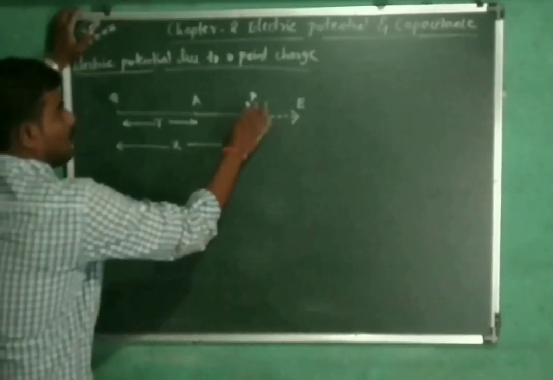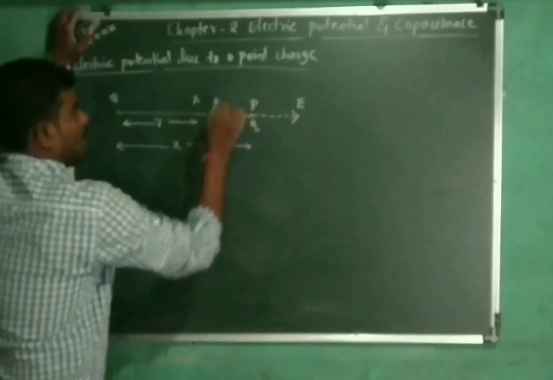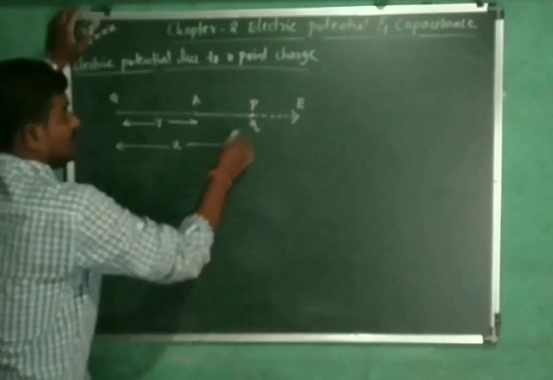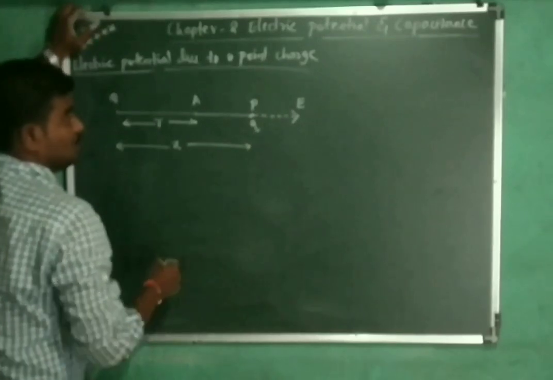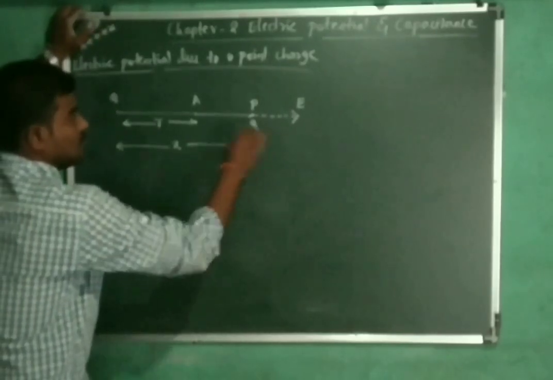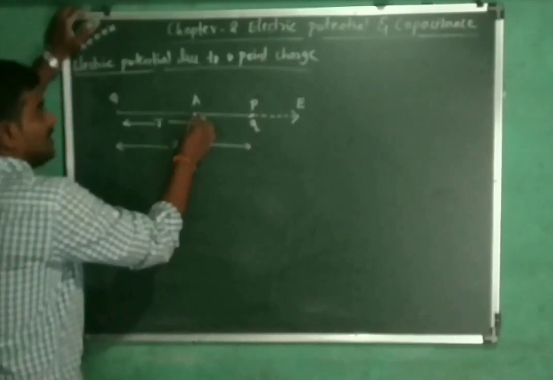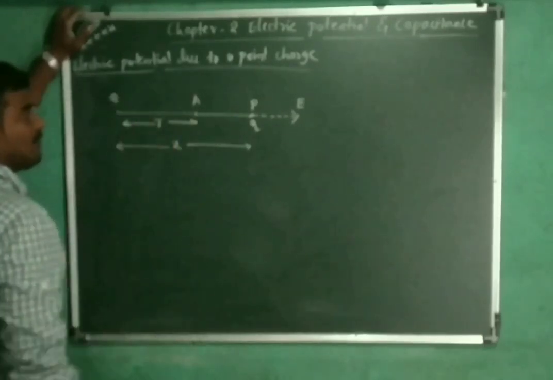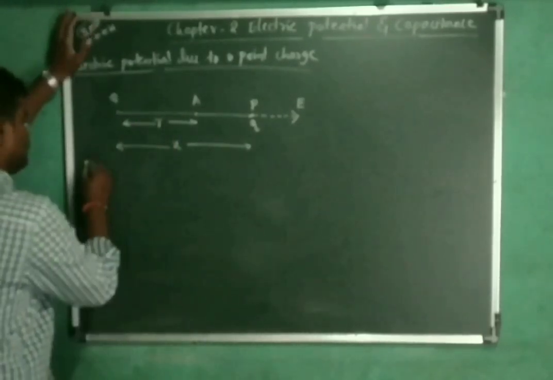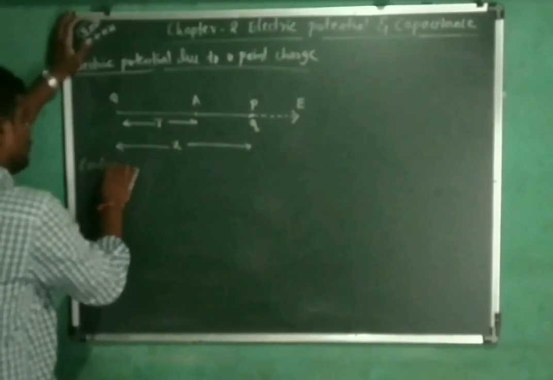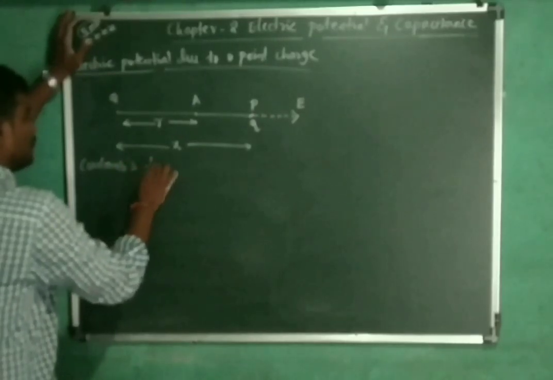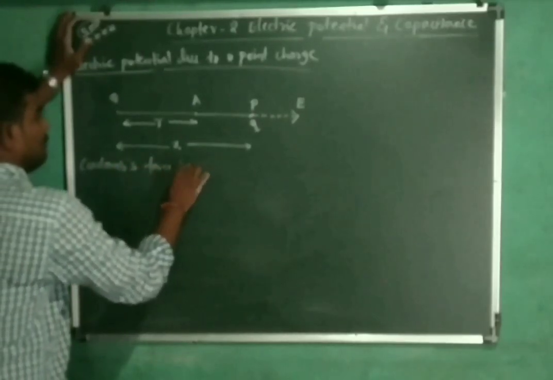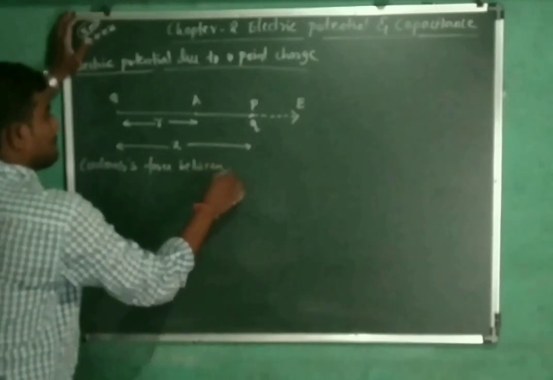This is point P. At point P we have placed a test charge, unit positive charge, and its value is 1. And at location A we are supposed to find out electric potential. So first let us begin our derivation. Coulomb force between charges.